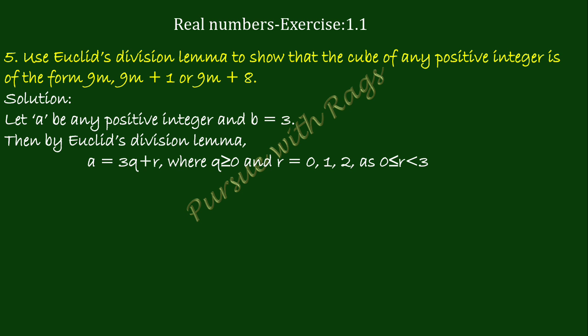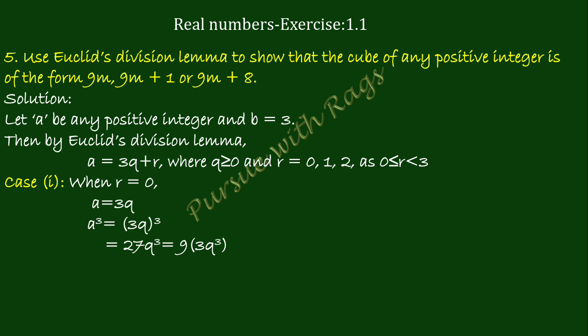Now case 1, when r is equal to 0, a will be equal to 3q. Since we are finding the cube of a positive integer, you have to take cube on both the sides. So a cube will be equal to 3q the whole cube. So you will get 3 cube as 27q cube. Since we have to get the final result in terms of 9, you have to take 9 commonly outside.